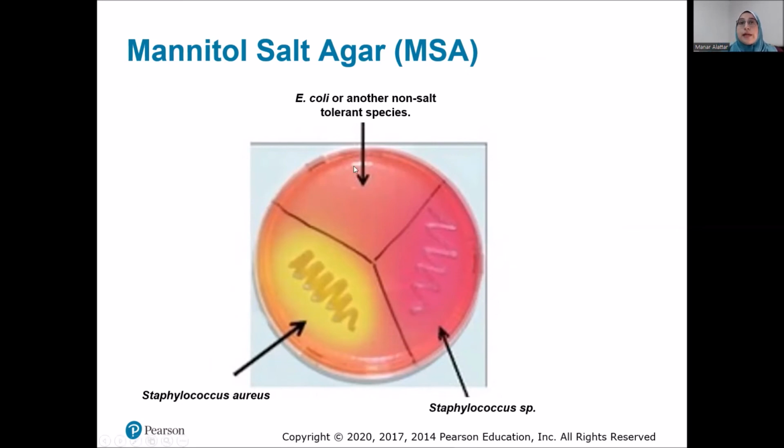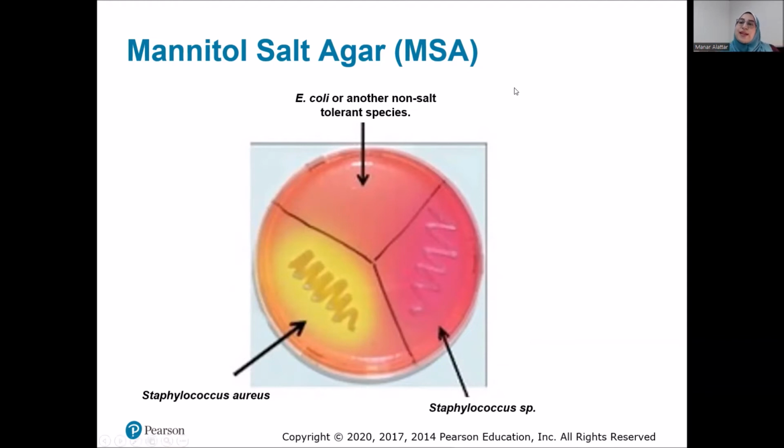And so essentially, with all the salt, you don't have E. coli, you don't have the growth of other organisms that are not salt tolerant, but different Staphylococcus species will grow because the various species are salt tolerant. But if Staphylococcus aureus is present, then it'll utilize a sugar that's in the media called mannitol, and it'll ferment it. And then that fermentation will change the pH and produce a yellow color change.